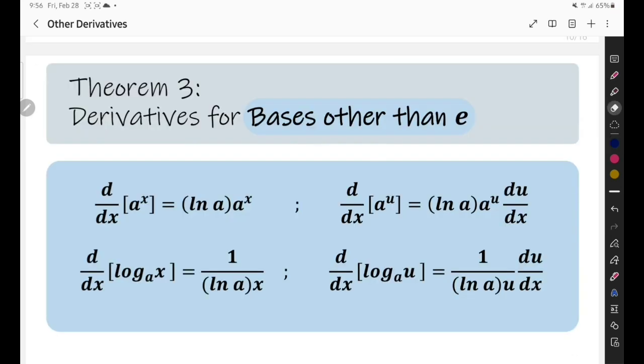Okay, now for our next theorem, we have the derivatives of bases other than e. So we have here the exponential and the logarithmic, where the base is not e.